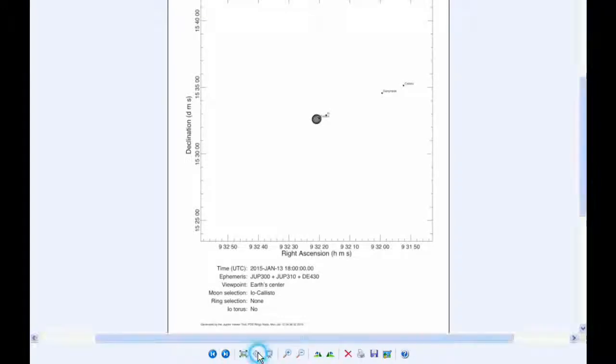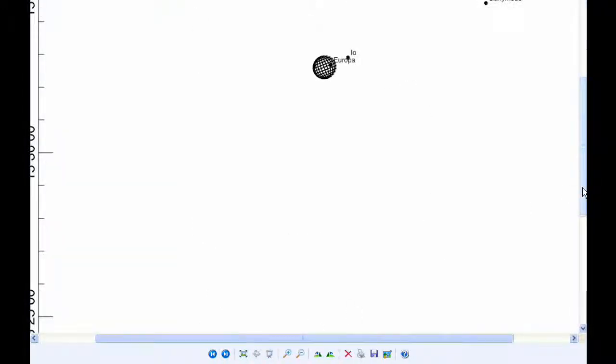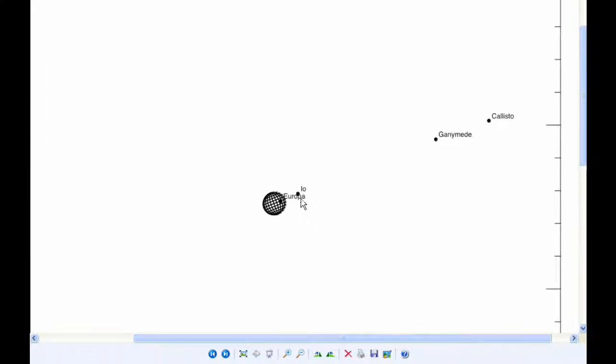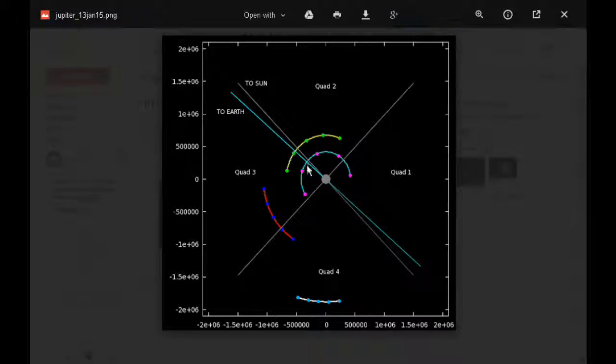And at 1800 hours UTC, Io has transited Jupiter and is now in quadrant 3, heading west. Europa is still transiting Jupiter, but has moved into quadrant 3, also heading west. And Ganymede's at its western elongation and is now in quadrant 4, heading east. And you can really see what's going on there.